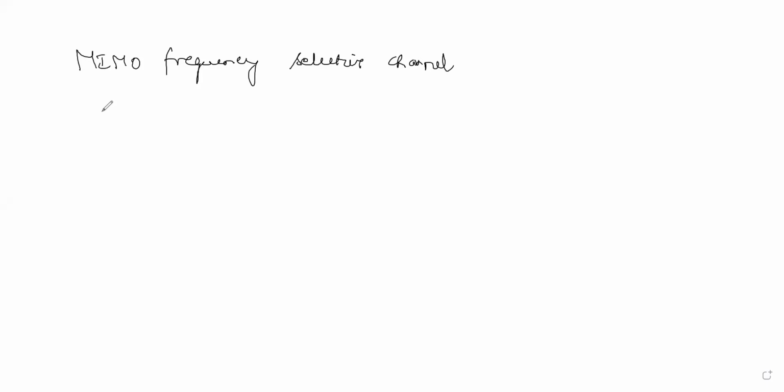So here it will be y bar of k, that is, a vector: y bar of k equal to summation l equal to 0 to L minus 1, H of l, x bar of k minus l, plus n bar of k.